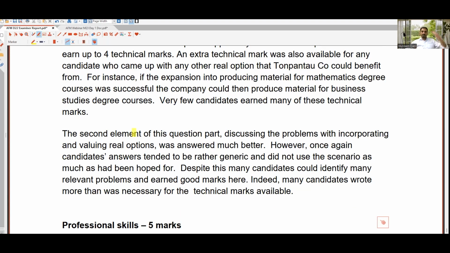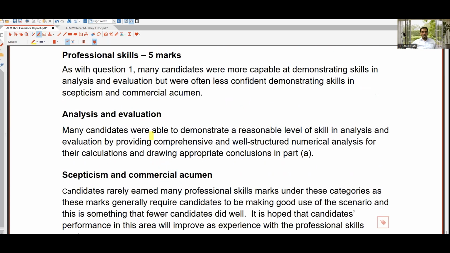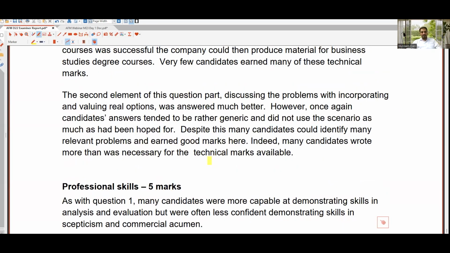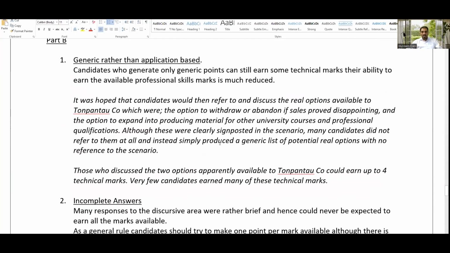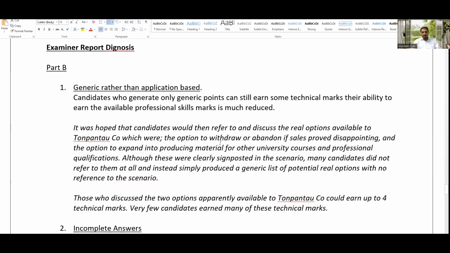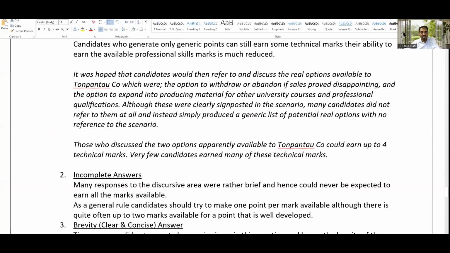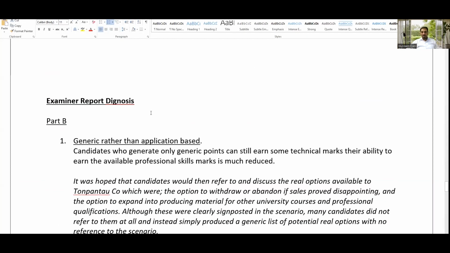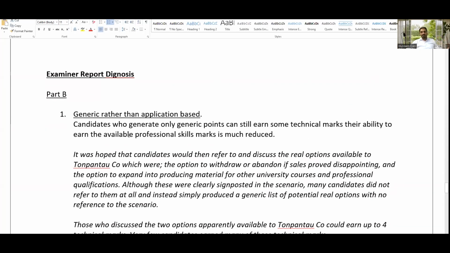This is all over. All the generic points, even all the points of the analysis, skepticism, commercial acumen, all the things we have covered. That is all about this question, including the diagnosis. This document will be uploaded, don't worry about it. And candidates, if you have any problem till now, you can ask me. That is all about the question. The diagnosis of the question is completed. So you will get this document, including the examiner report diagnosis as well.